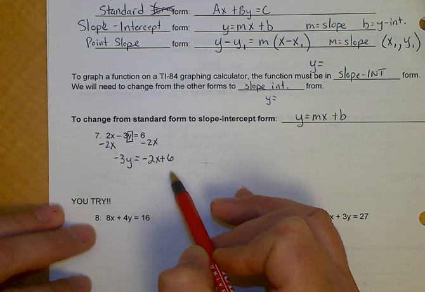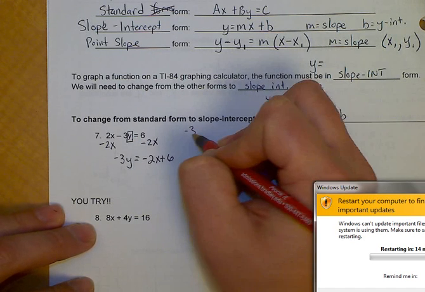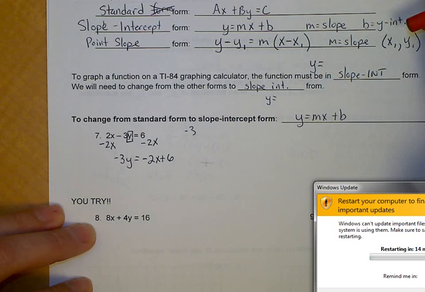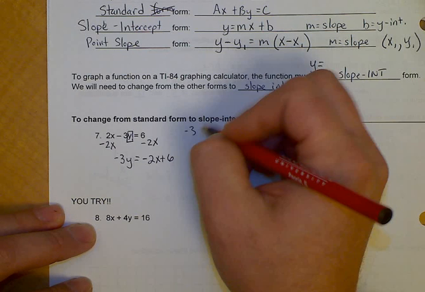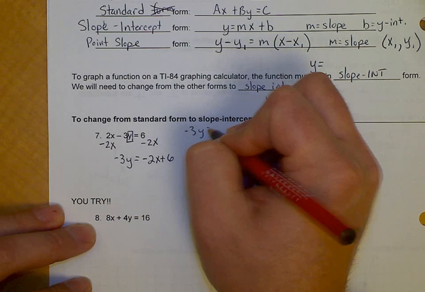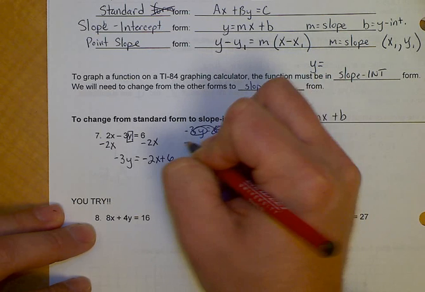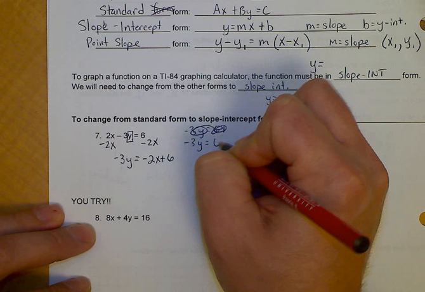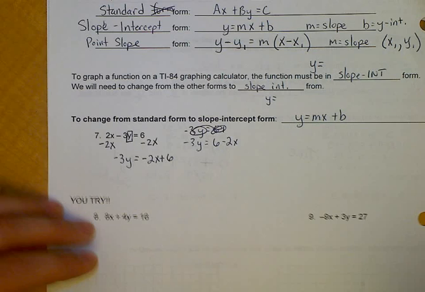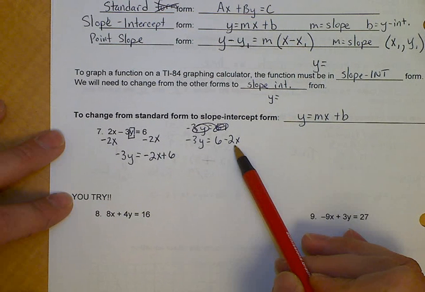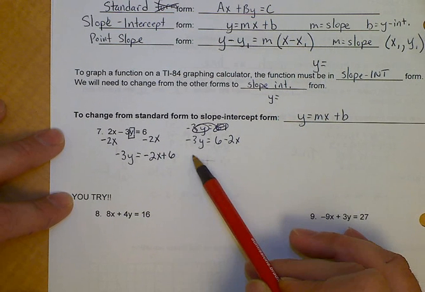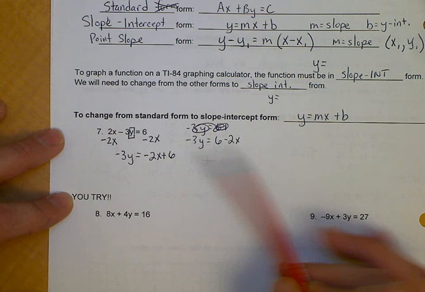Some of you guys are going to want to write it like this: negative 3y equals 6 minus 2x. That's okay, but we typically want to write the x term first. Okay, so I just switch these around, and that's okay.